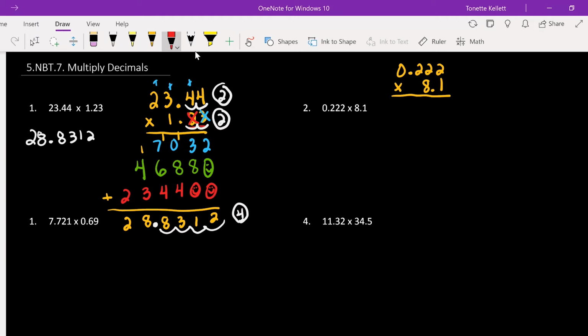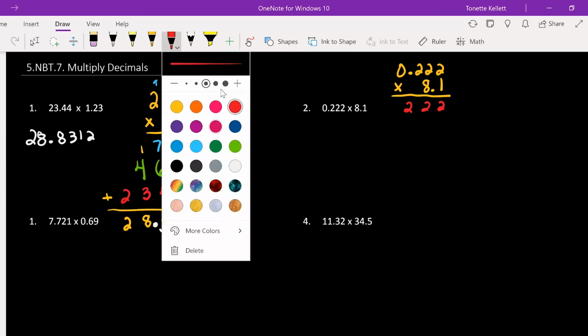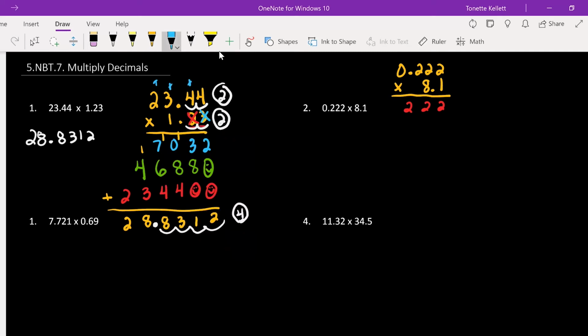Anything times 1 stays the same, so I can just put the 2, 2, 2. I don't have to write that 0. Okay, that is actually an 8 and a 0, so 80. So I'm going to put the 0 for the 80 right here. Smiley face because I'm almost done.